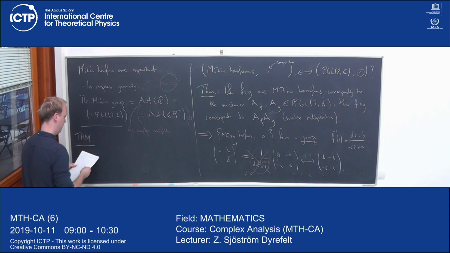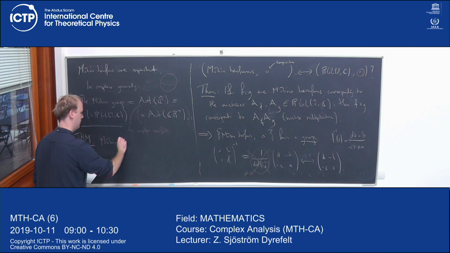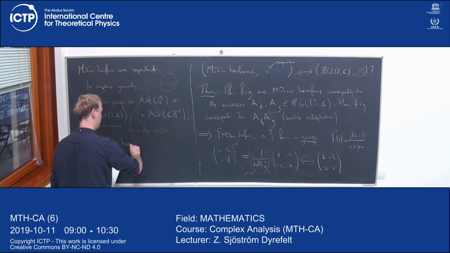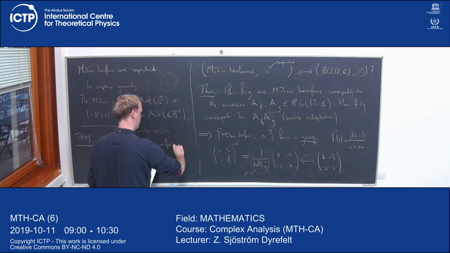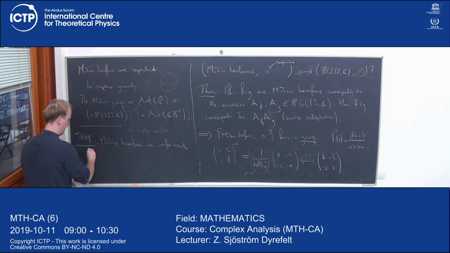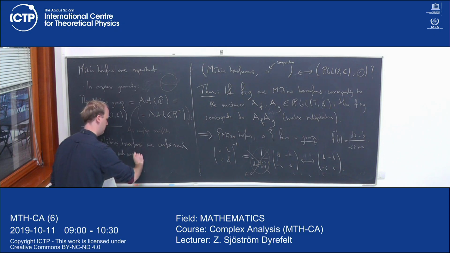So in fact, we have the following: Möbius transforms are conformal, which in this case means they preserve angles and orientation, for example, a rotation, okay?